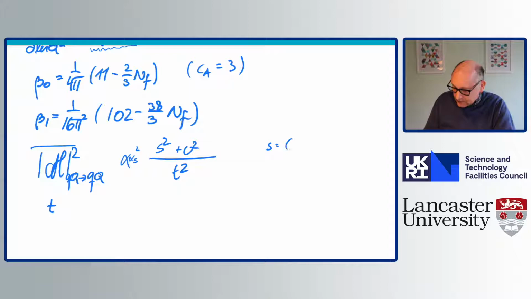Because s is, for example, pa plus pb squared. Now, you might think that therefore if you scale all momenta with number 10, then the matrix element squared would be unchanged, right? Because all s, t and u scale. But what the study here of the Green's function tells you is that actually our alpha s should be evaluated differently if we scale all momenta by t.